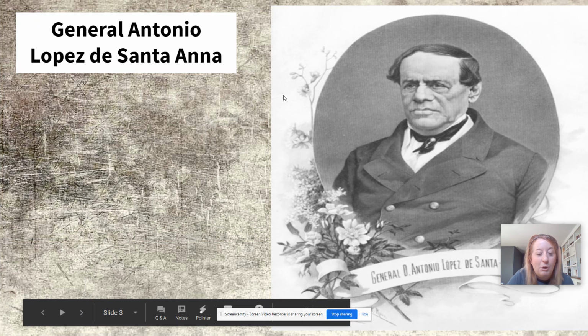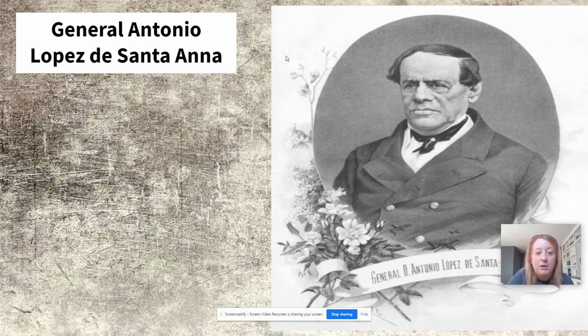The leader of Mexico at this time is General Antonio Lopez de Santa Anna, who's a very colorful, kind of quirky character. He serves as the president slash dictator, if you will, of Mexico for 12 different terms.